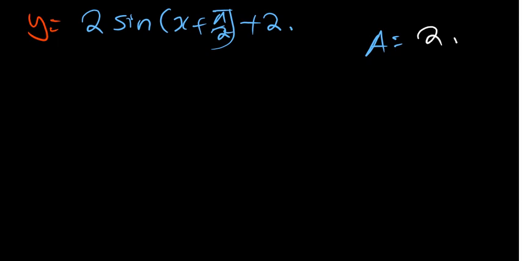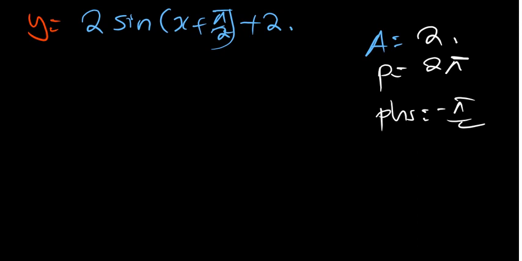What is the period? 2 pi. What is the phase shift? Negative pi over 2. What is our scale? First, what is our vertical shift? What is our x-axis scale?